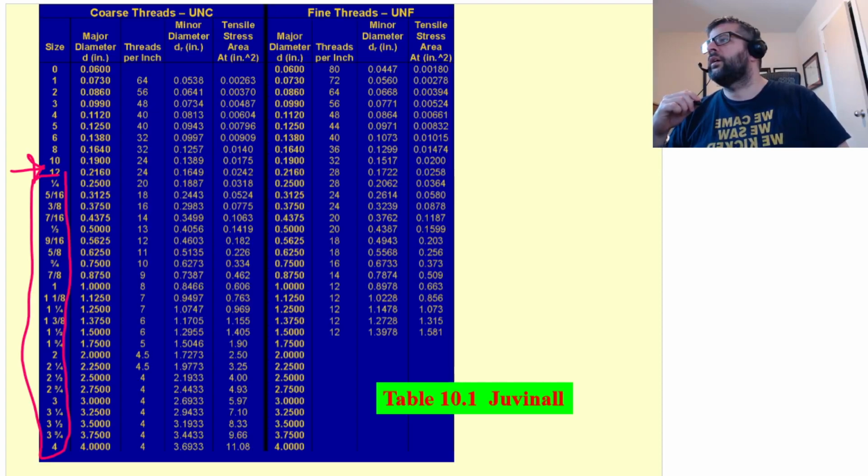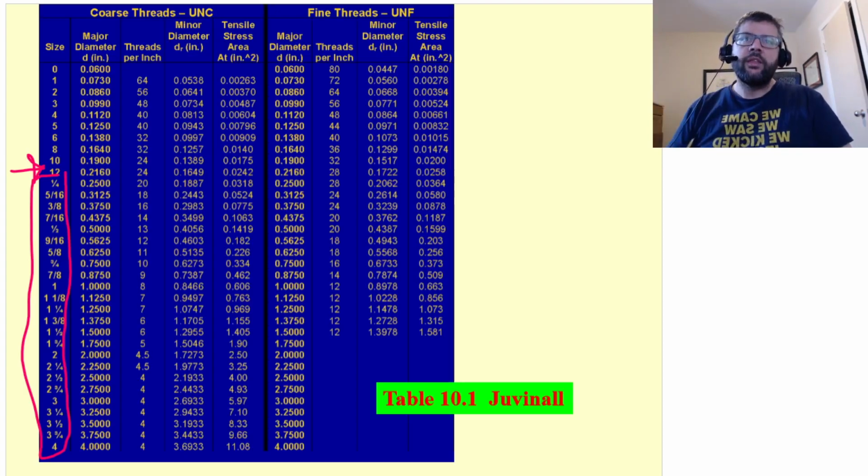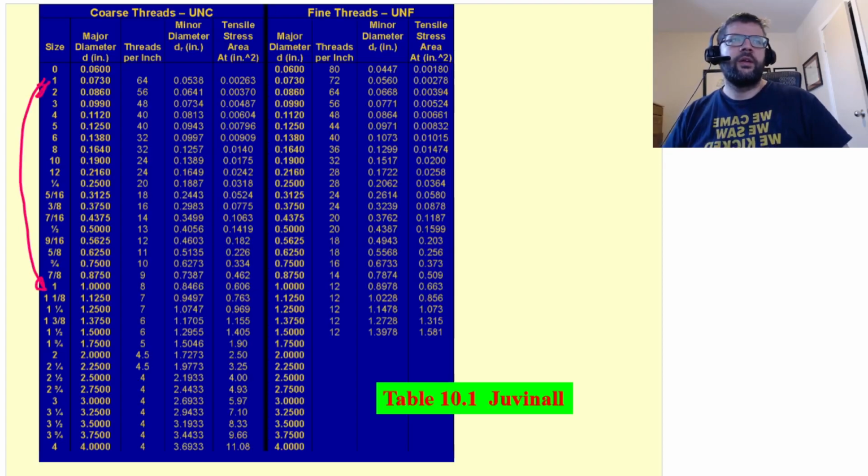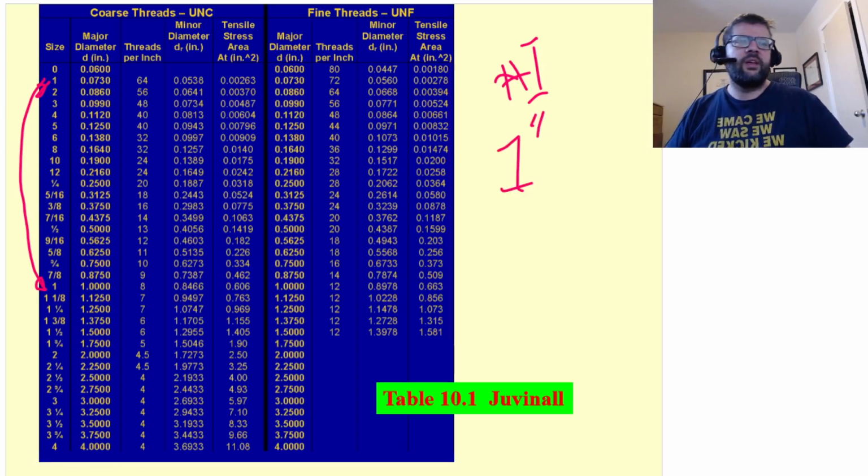A quarter of an inch is the first standard size bolt that wouldn't be specified with just the number. Of course, this can get confusing if you don't know which one you're talking about, like a number 1 bolt versus a 1-inch bolt. So don't forget the number or the inch indicator, because otherwise you're talking about substantially different sized components.